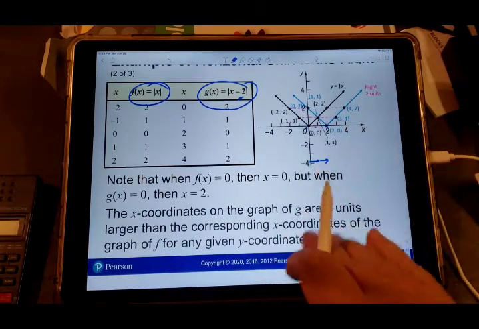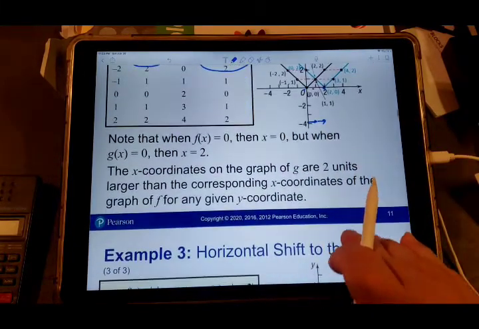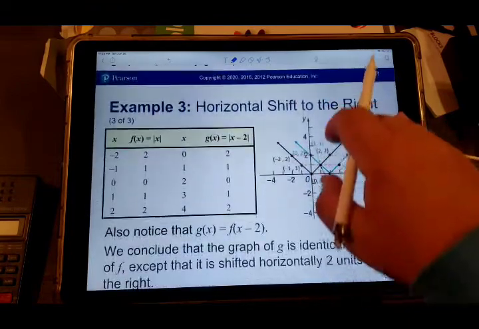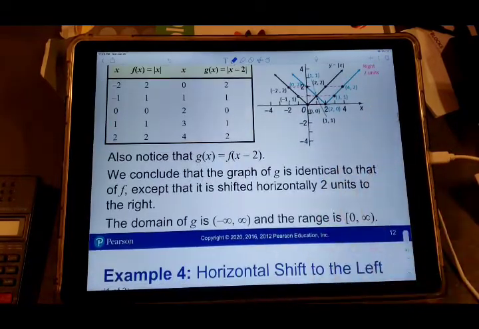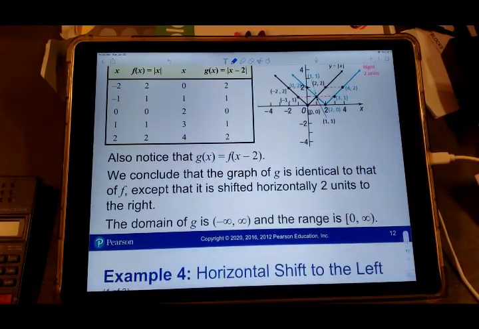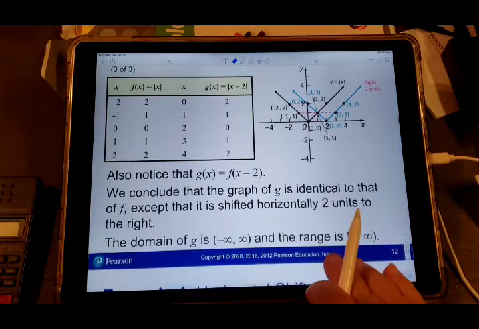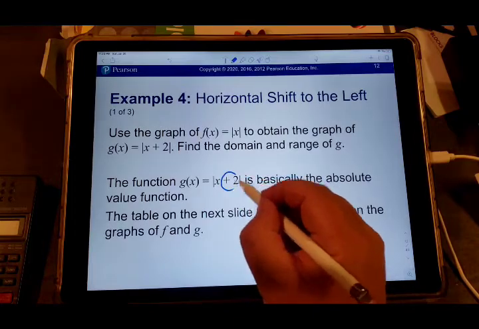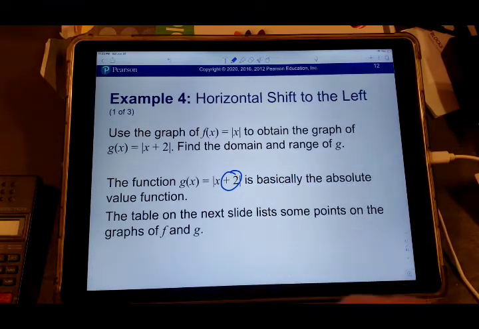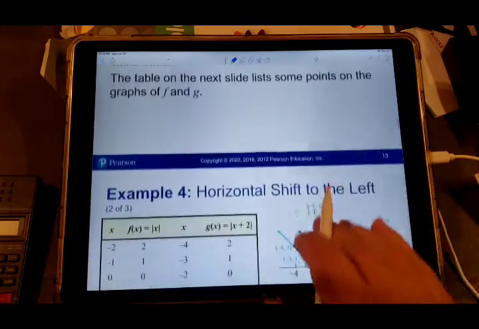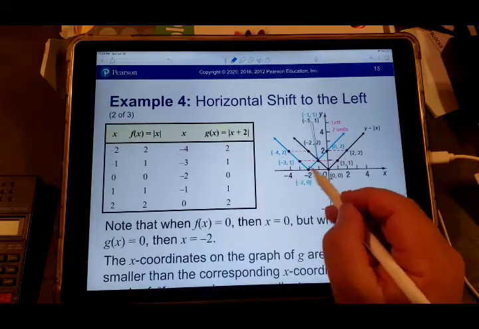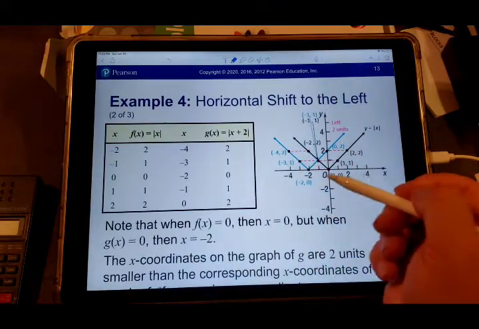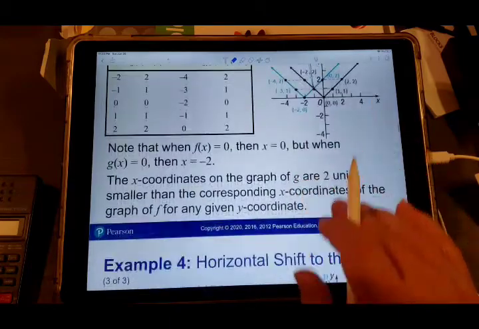And I'll get to why in a next slide here, but we can see that. Same idea: if you add 2 directly to x, it makes everything happen sooner, so the graph shifts to the left.